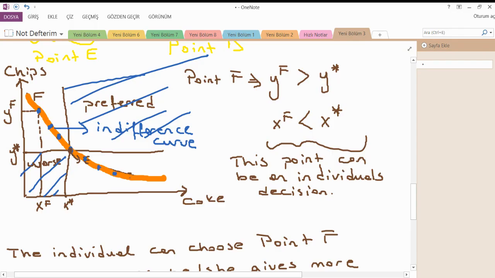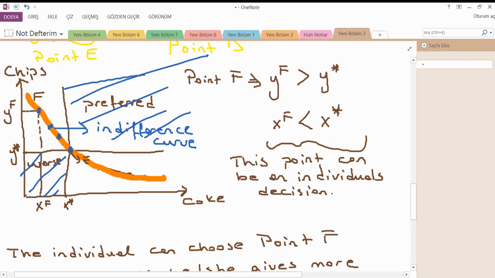There are maybe millions of points. So as you see, the individual is indifferent between these combinations. He is indifferent, okay? And he is going to choose one of these points.